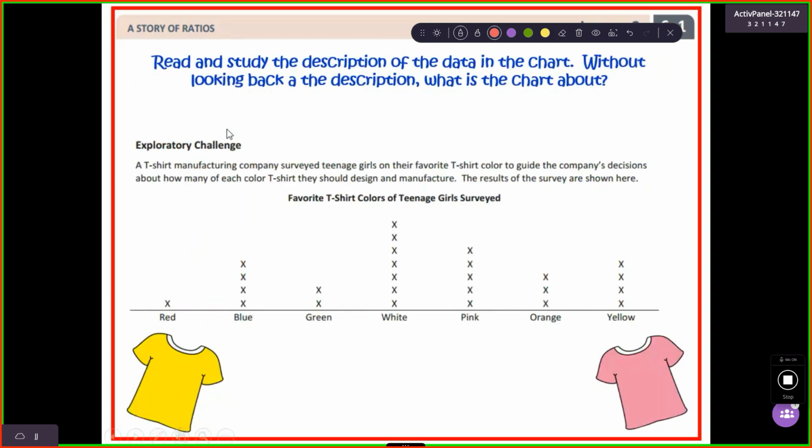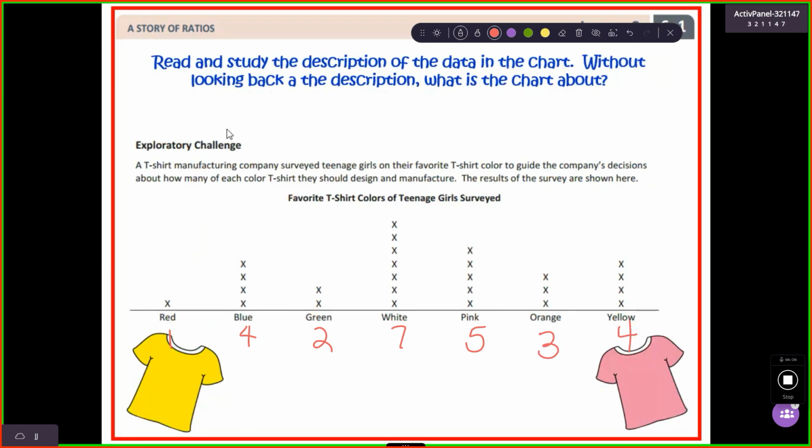How many blue? 4. How many green? 2. How many white? 6. How many pink? 5. How many orange? 3. And how many yellow?